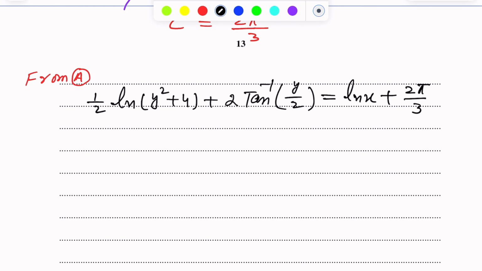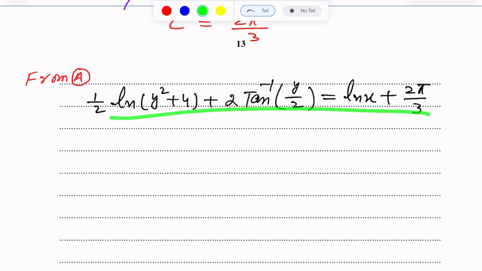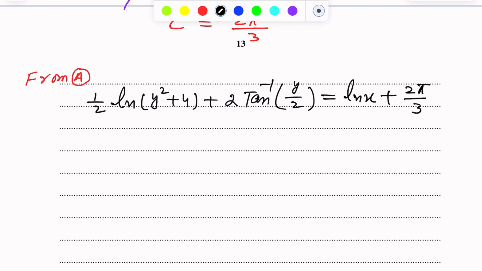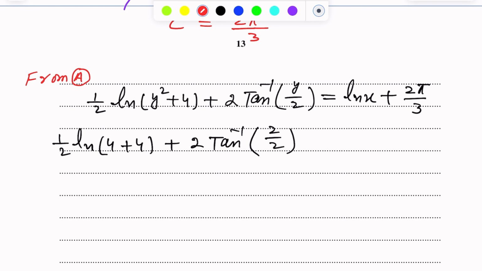Now further simplification. Now we will put y is equal to 2 here to find the value of x. This becomes 1 over 2 log 4 plus 4 plus 2 tan inverse 2 over 2 is equal to log x plus 2 pi by 3.